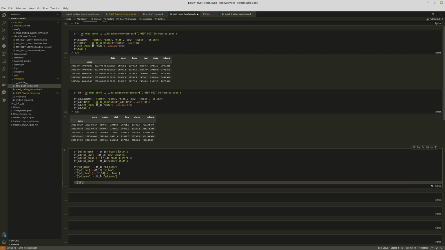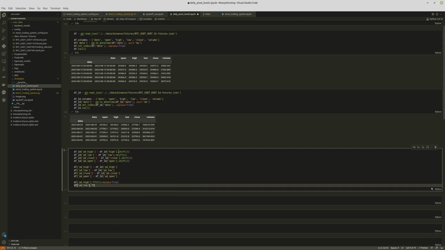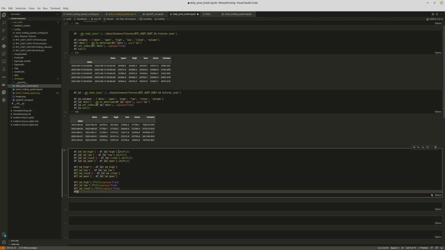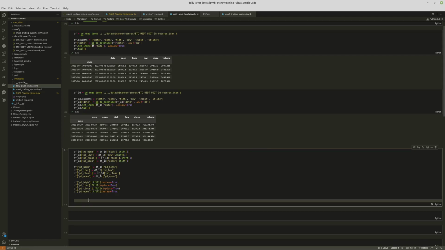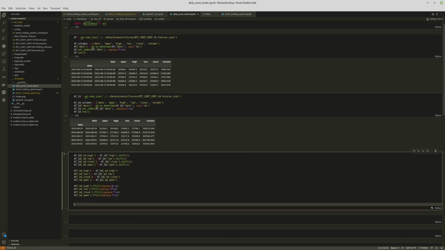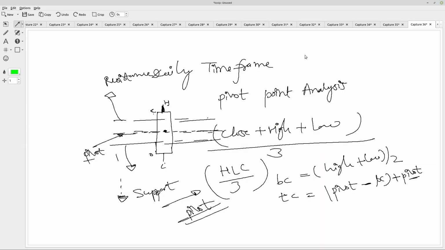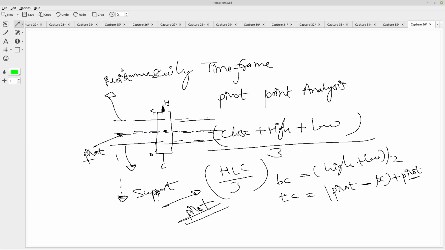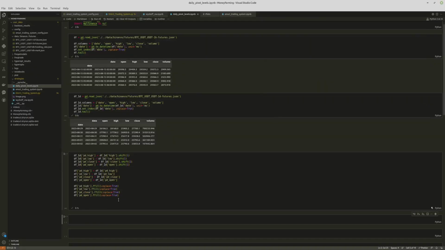Now previous day high, forward fill; previous day low, forward fill; previous day close, forward fill true; and previous day open, forward fill true. Okay, so we've done that, and now let's calculate the pivot, and let's copy paste it here. So we have this, let's copy this one and do that.